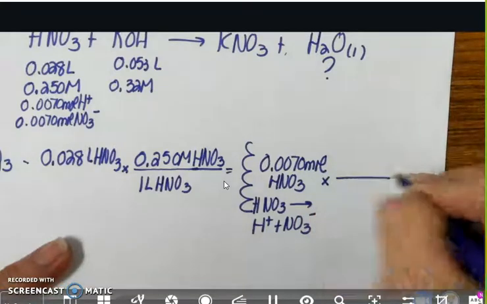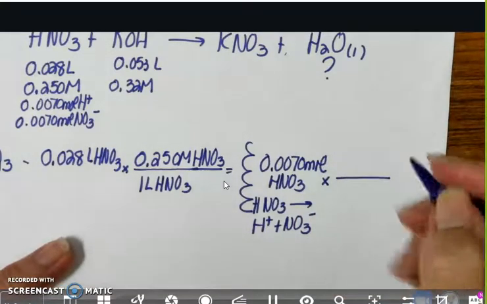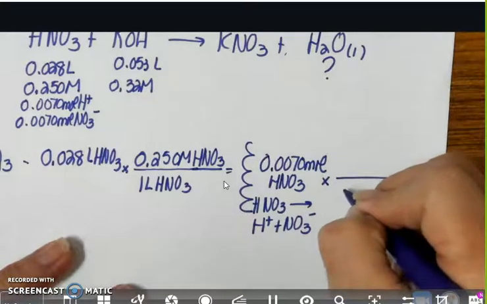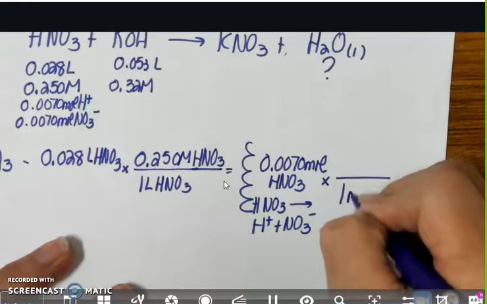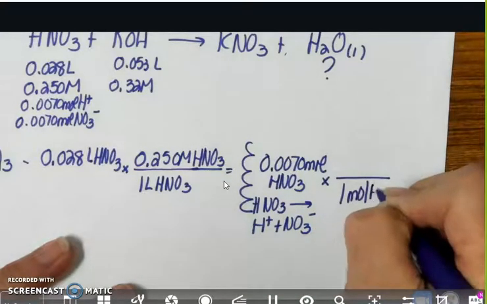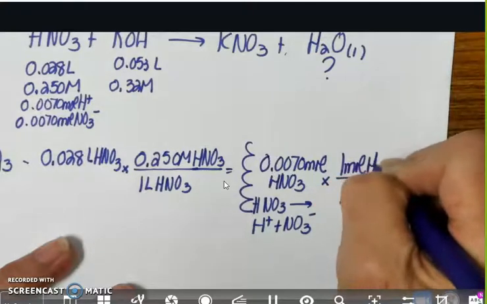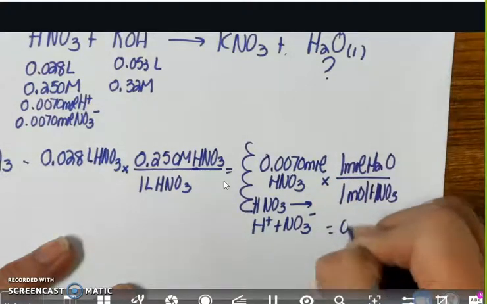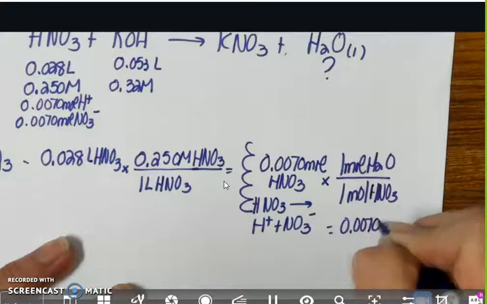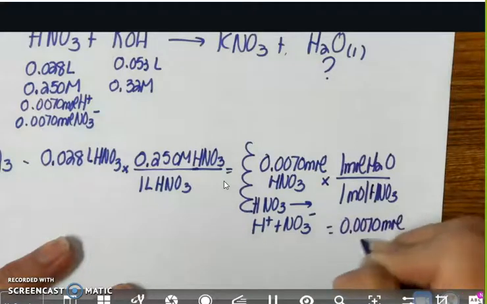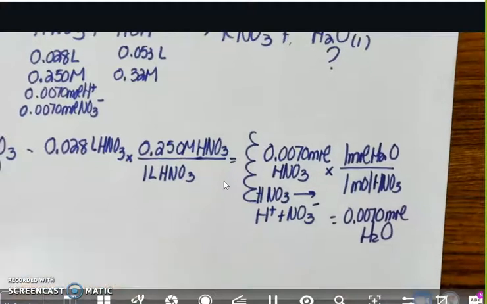Moles water. In fact, they're not even asking for grams in the end. So I know that 1 mole of nitric acid gives me 1 mole of water. So that's 0.0070 mole water. Okay, that's 1. Everyone's got that, right? Just like yesterday.